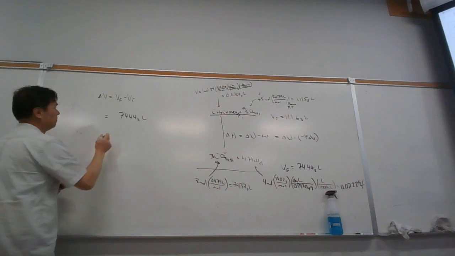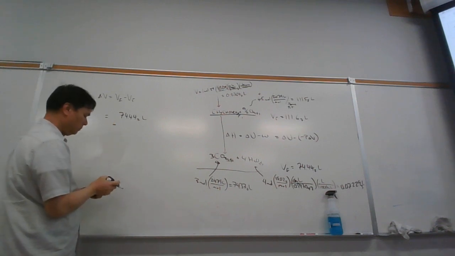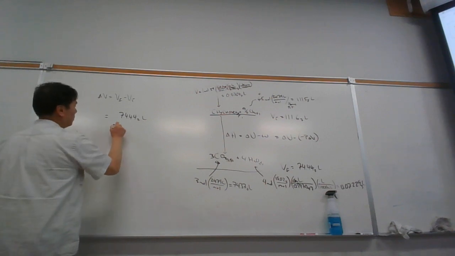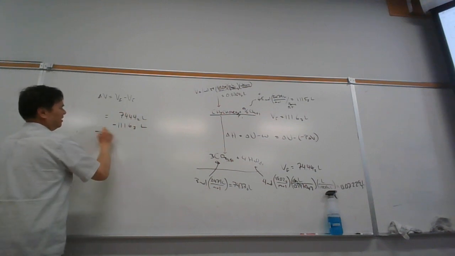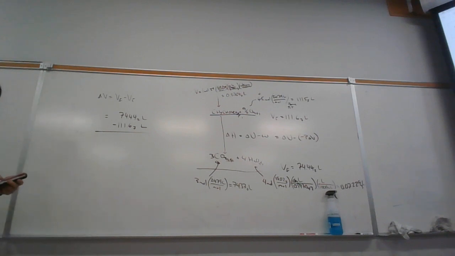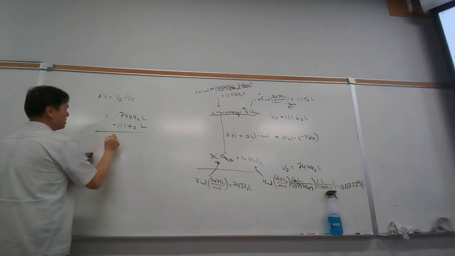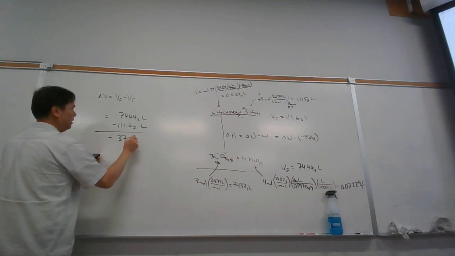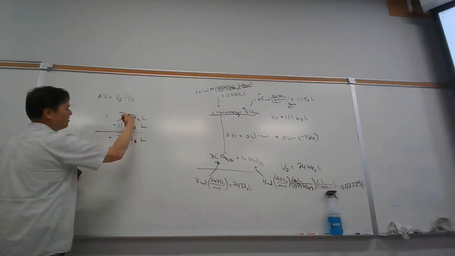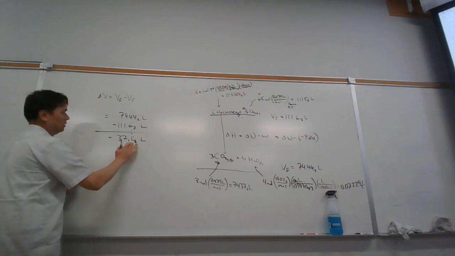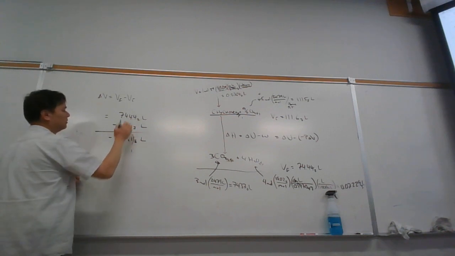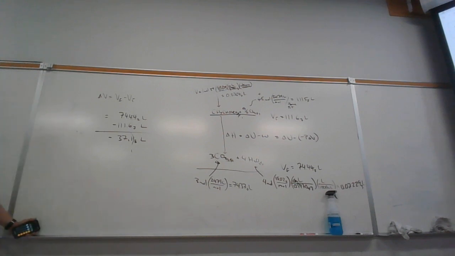V initial is 1.63 liters. It comes up to minus 37.1 sub 8 liters. We're only allowed 1 decimal place here, according to the rules for sig figs. We're going to end up with 3 sig figs in our delta V.